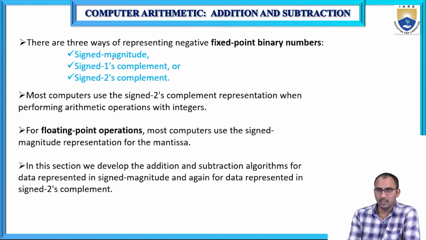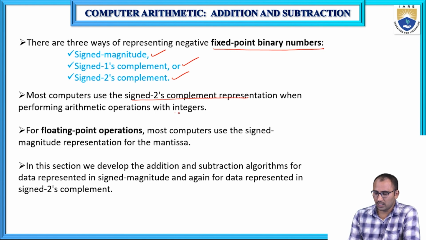There are three ways to represent negative fixed point binary numbers: signed magnitude, signed ones complement, and signed twos complement form. Most computers use signed twos complement representation when performing arithmetic operations with integers.